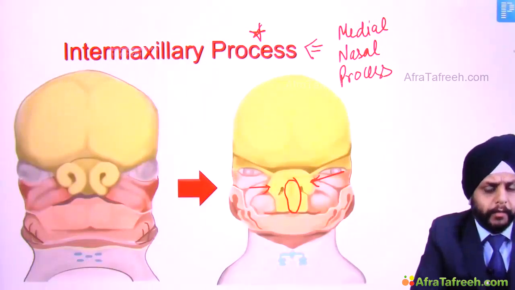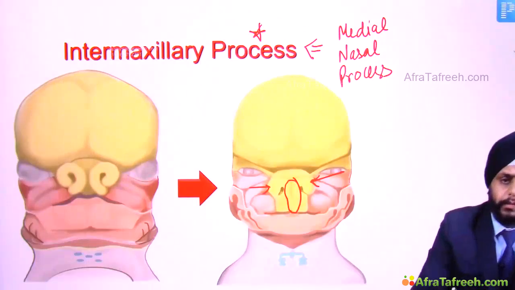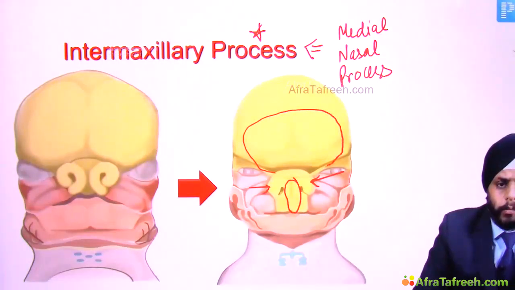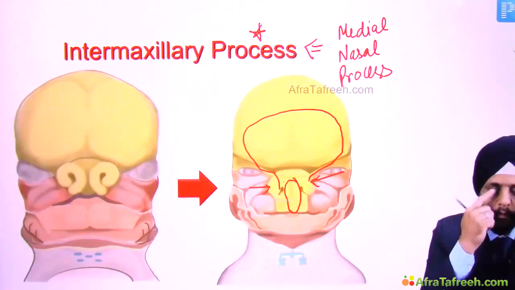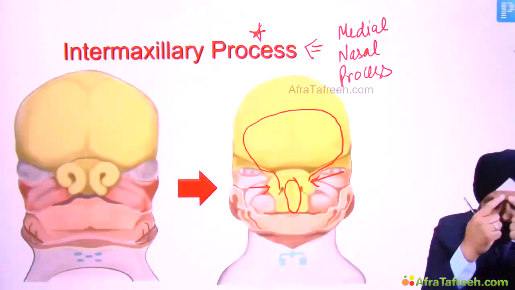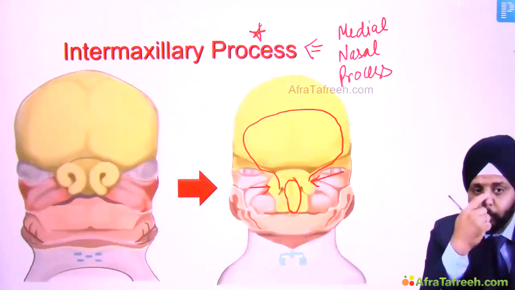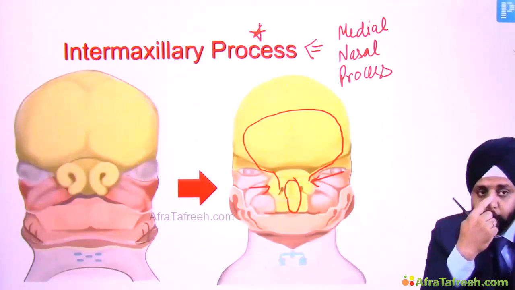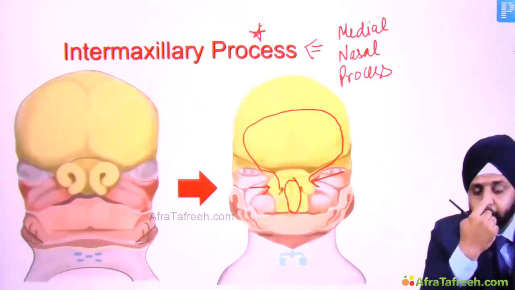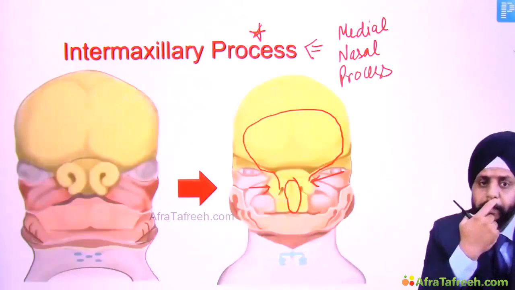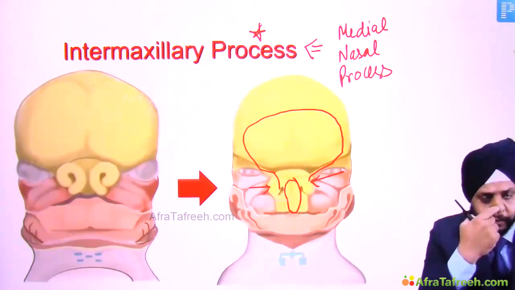The remaining part of the frontonasal process, as you can see over here, has formed your forehead. It has also formed the bridge of the nose. The majority of the bridge of the nose is formed by the frontonasal process, except the tip, columella and philtrum, which we have seen are formed by the intermaxillary process.